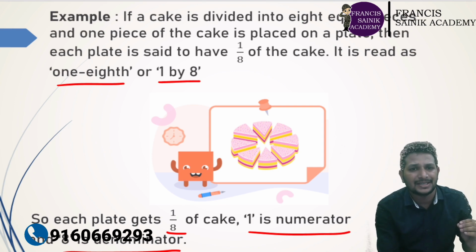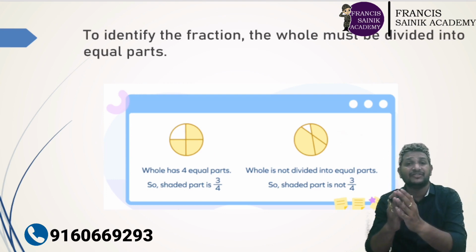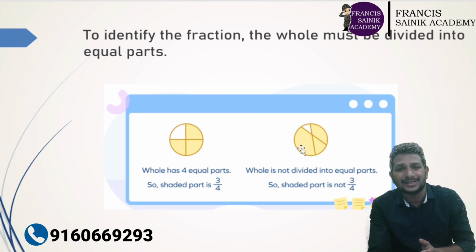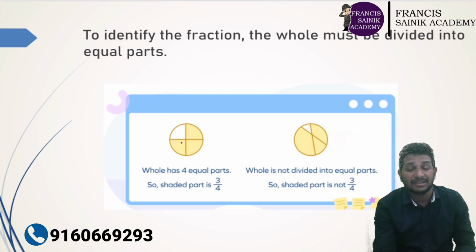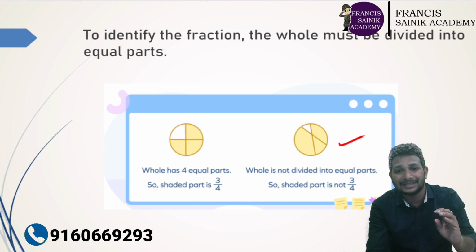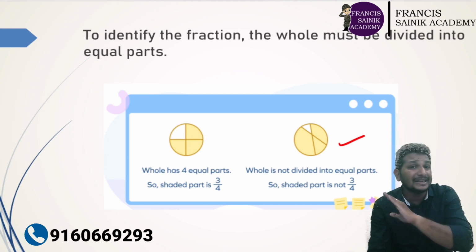Now let's see another example, representing a fraction from a diagram. We have two circles. One circle is divided into 4 equal parts. The other circle is also divided into 4 parts, but they are not equal.